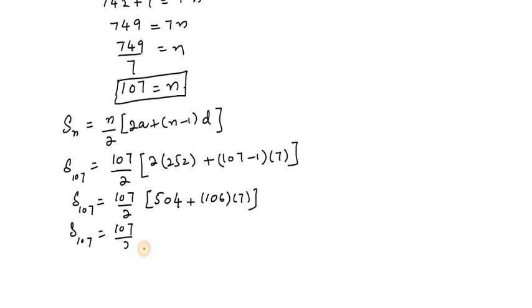So it is equal to 107 upon 2, 504 plus 106 multiplied by 7, which is 742. S107 is equal to 107 upon 2, and 504 plus 742 is equal to 1246.